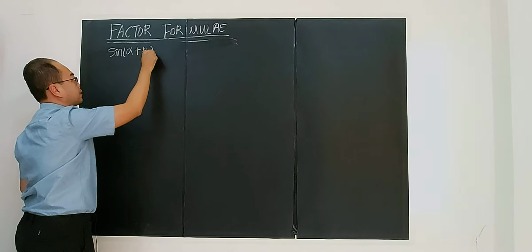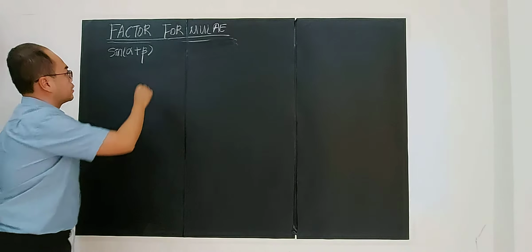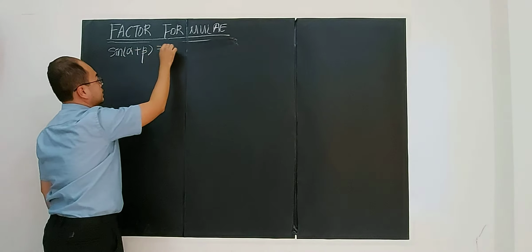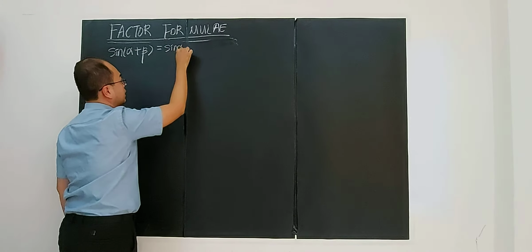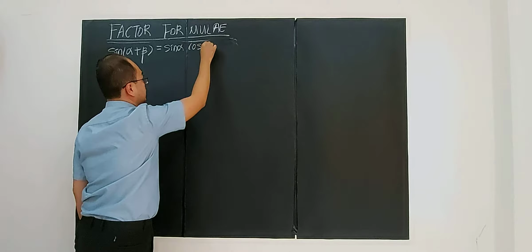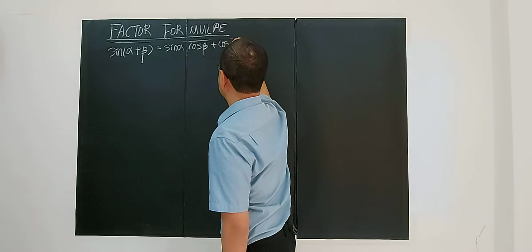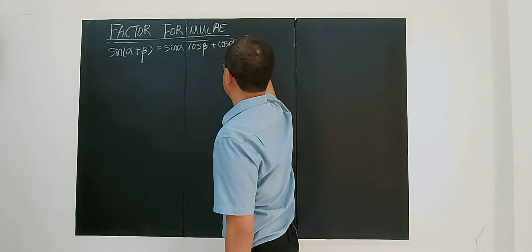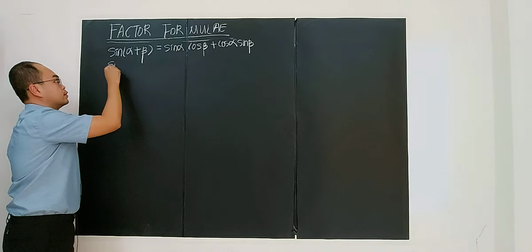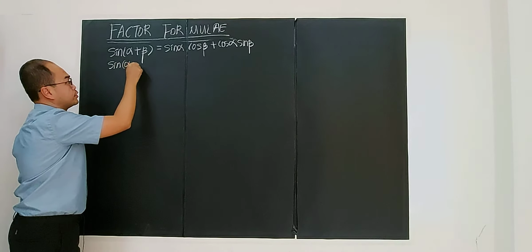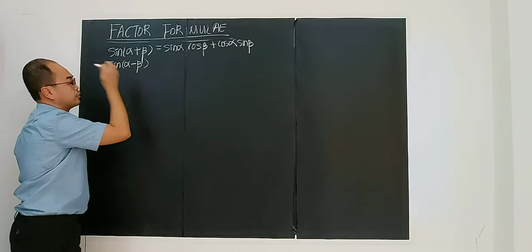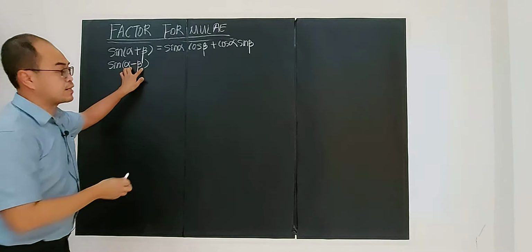Alright, I use alpha plus beta. So if you have sine alpha plus beta, you will have sine alpha cos beta plus cos alpha sine beta. Right? So we also have the compound angle where we subtract the angle, for example, alpha minus beta.